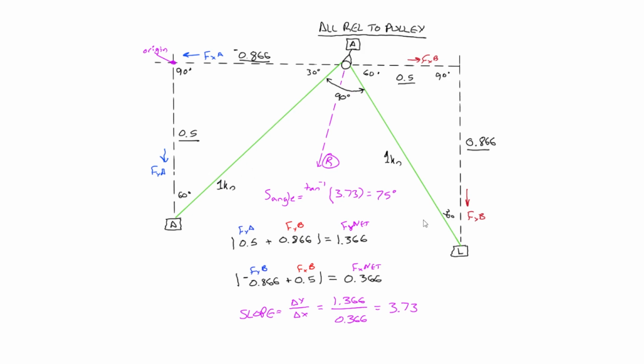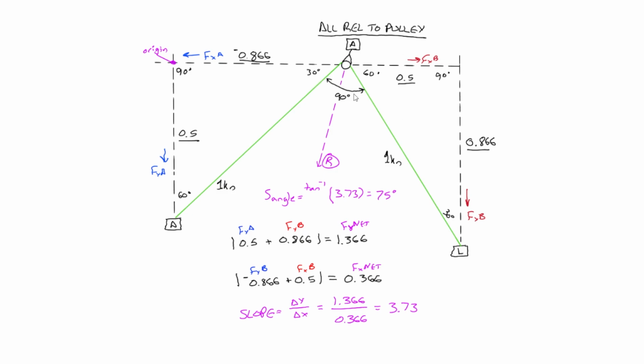We have our vector on the x-axis of A. We're going to call this A. We're going to call this B. We have our vector on the y-axis of A. We have our vector on the x-axis of B and our vector on the y-axis of B. On the x-axis, A is going to be negative 0.866 and B is going to be 0.5.